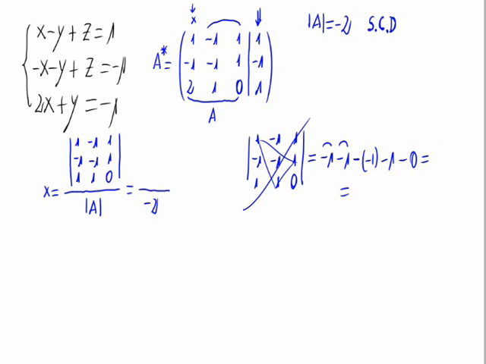So the result is minus 1 minus 1 minus minus 1 minus 1, and that is minus 2. So the value of the x would be minus 2 divided by minus 2, and that is equal to 1. We found the value of the first unknown value, the x.